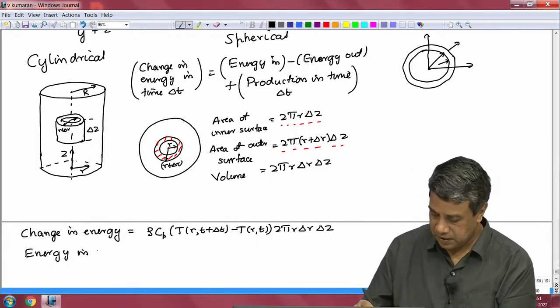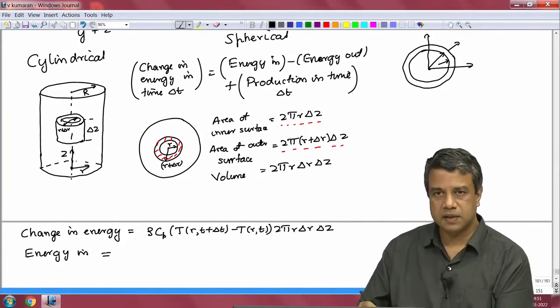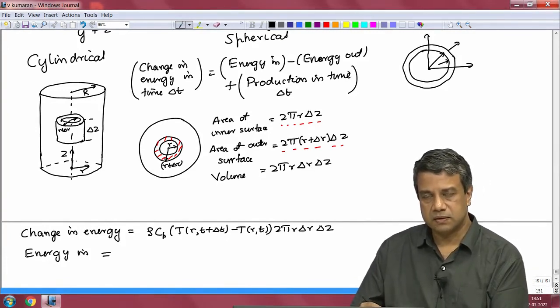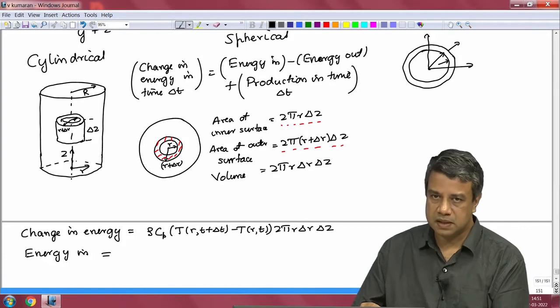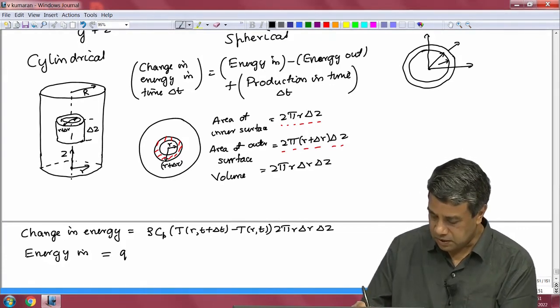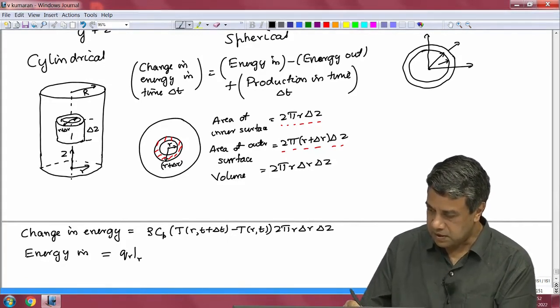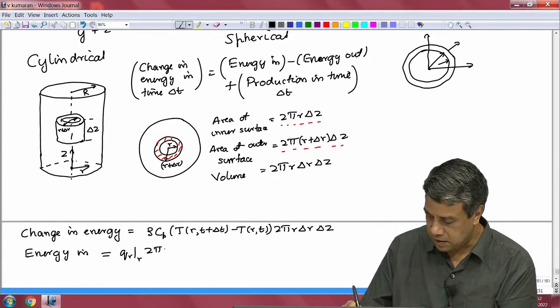Energy in a time delta t is equal to the flux times the area times delta t, which is equal to q r at the location r times the area, which is 2 pi r delta z, into delta t.